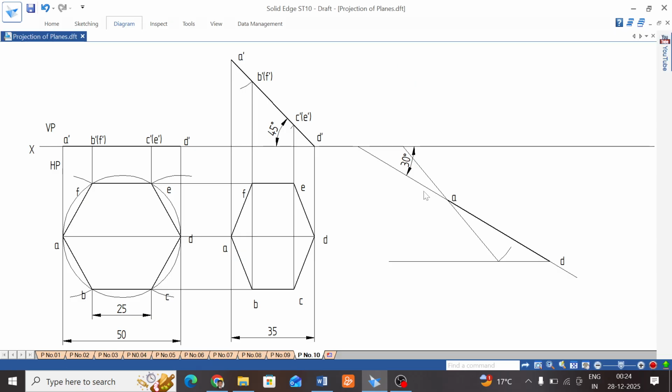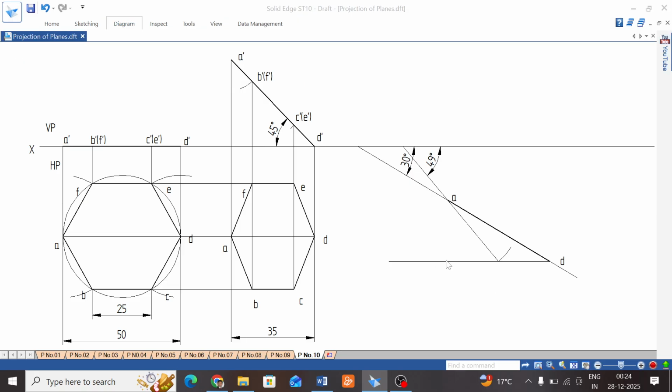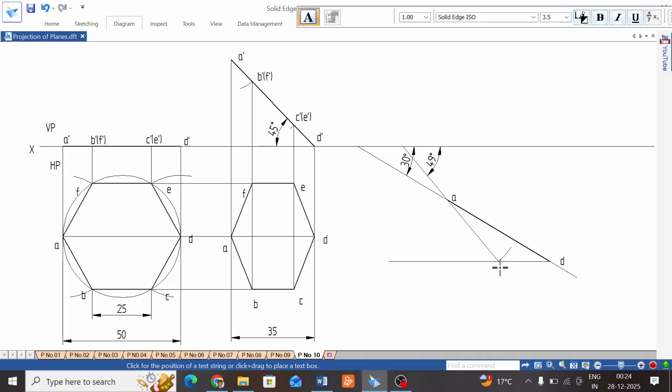Using protractor, measure the angle from XY line to this. You will get so much of degree. Okay, that is show it. And now this point is our A. This is our apparent lamina D point. Name those D first. Name it D.